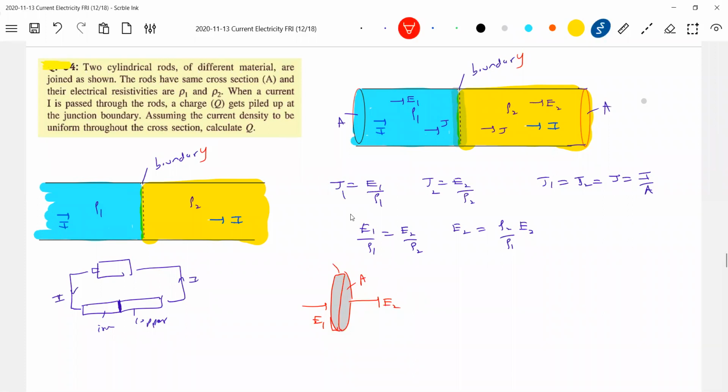There's a boundary, net flux through the boundary is E1A minus E2A. Now what is E2? E2 should be rho 2 by rho 1 times E1. So E1A times rho 2 by rho 1 minus E1A, E1A I'll take outside.